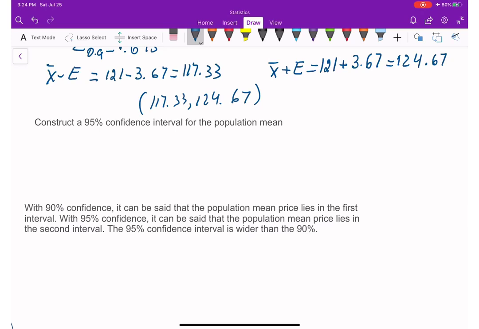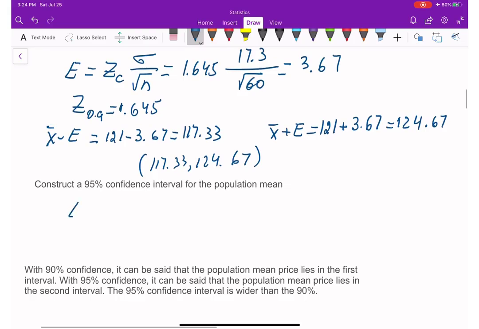All right. Next. Practically, for 95%, the margin of error you should get is 4.38. And then x bar is 121 minus 4.38 and 121 plus 4.38, that's all.